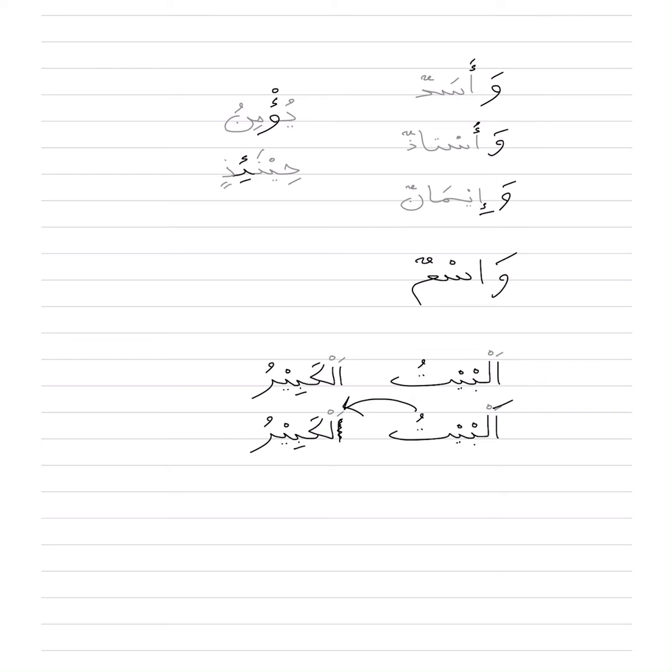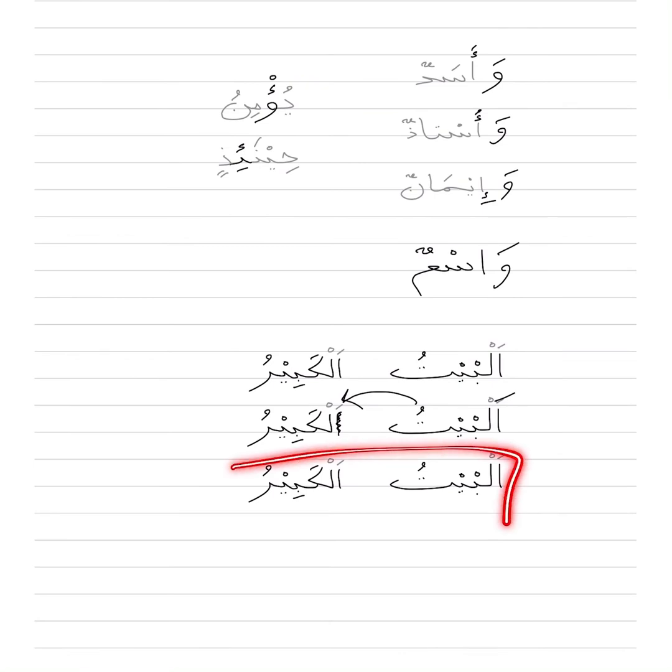We can take this a step further and say that at the end of words, when you come to the end of a word or an idea or a phrase or a sentence, the way you signify that you've come to the end is by putting a sukoon on the end, yeah? So you can see, rather than pronouncing it al-baytu al-kabiru, when we take it a step further, we can say al-baytul kabiru.